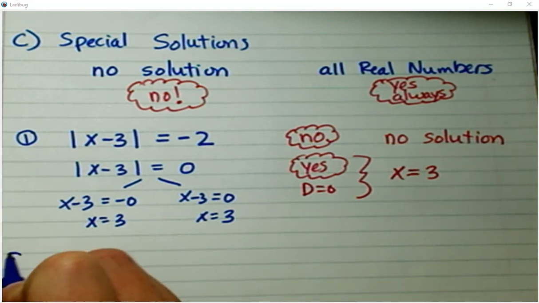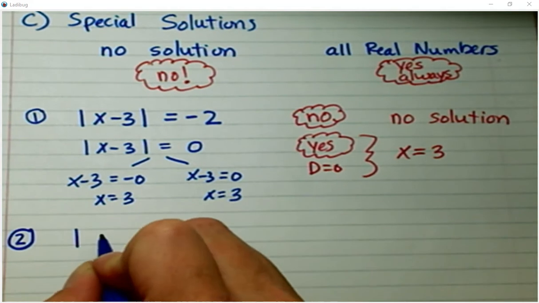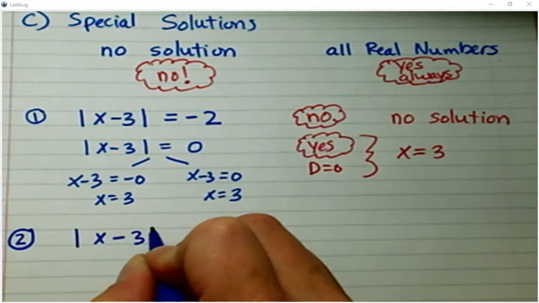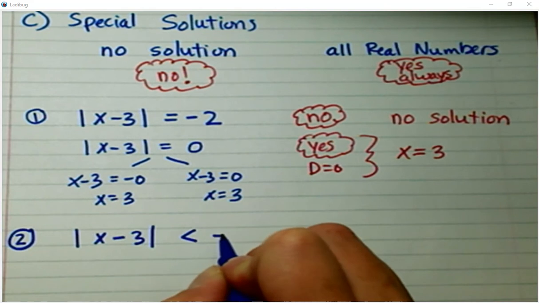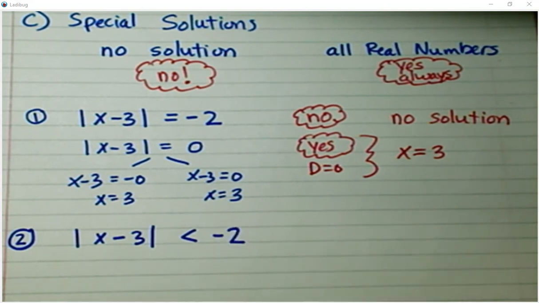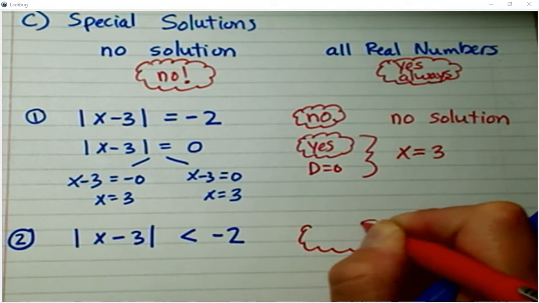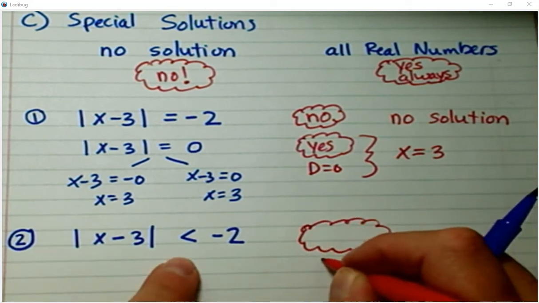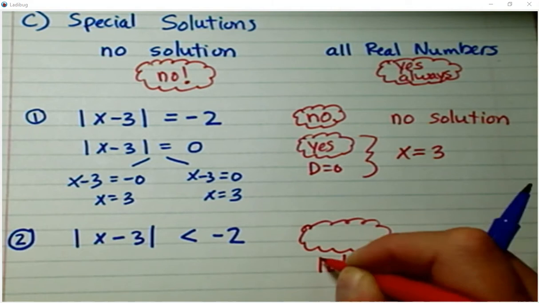So now let's look at our inequalities. Okay, x minus 3 is, we'll do less than -2. All right, so let's stop and think. Can the distance be less than -2?